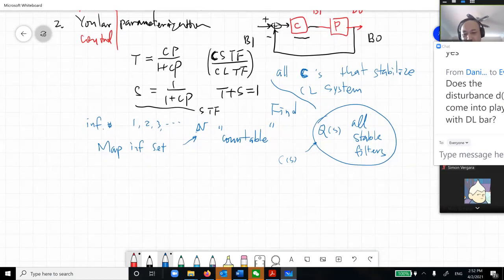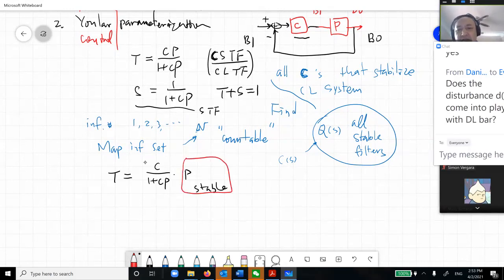So let me derive this one for you. The beginning point is you consider this T, which is CP divided by 1 plus CP. So this is your closed loop transfer function, okay? I know this is stable, but I assume this is a Q, and Q is always from this family of all stable filters.